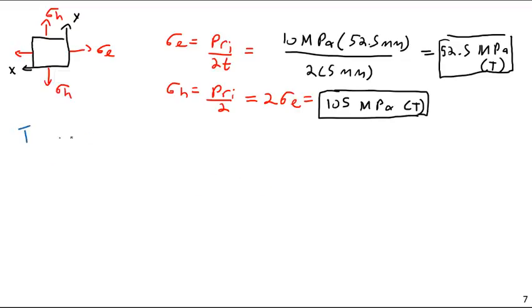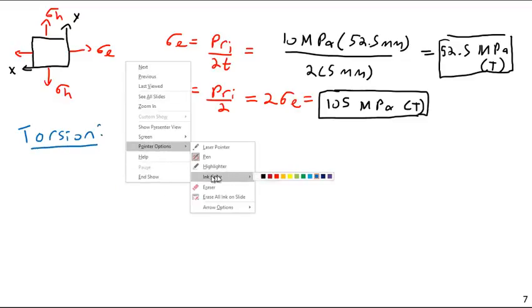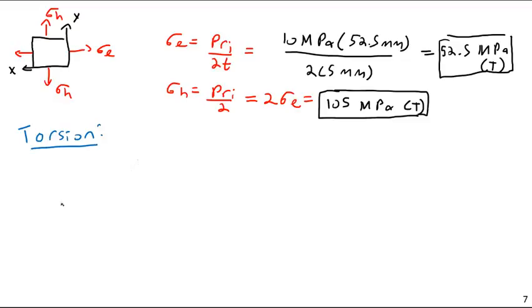So next, let us consider torsion. We have figured out our loading produced by pressure in a thin wall pressure vessel, and now let us look at torsional loading. I'm going to have axes like this, and we remember that torsion applies a pure shear loading. That doesn't mean the entire member is going to be entirely in shear, but it applies a shear loading.